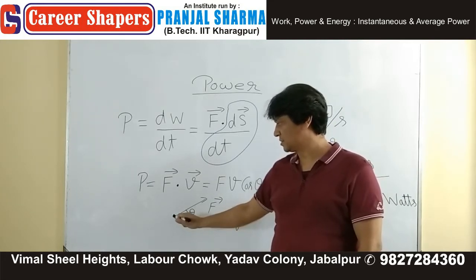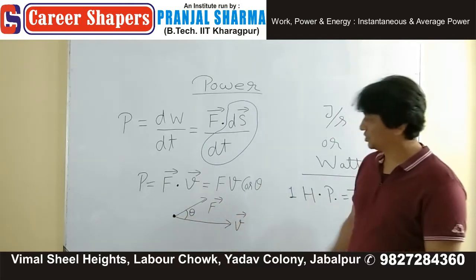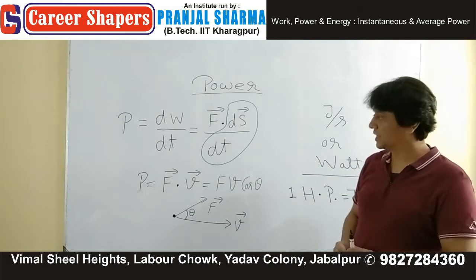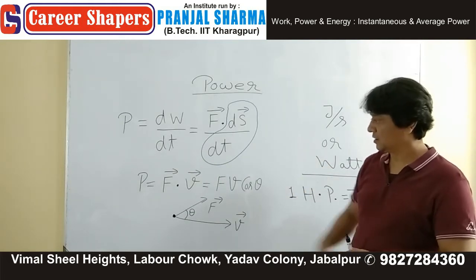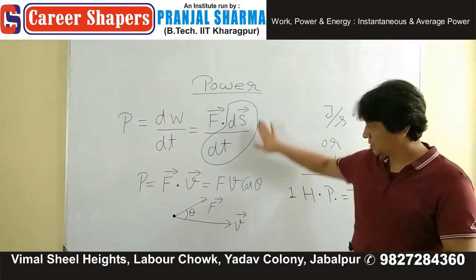This is the object which is being pulled by force F but is moving in this direction. Then power delivered by the force is F dot V, which is Fv cos theta. Note down this much.